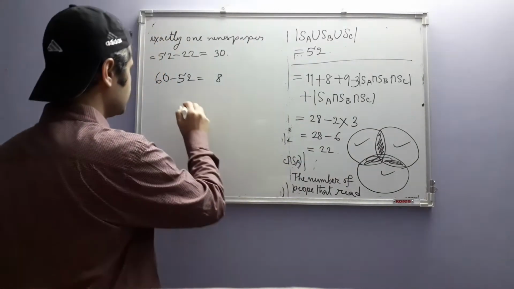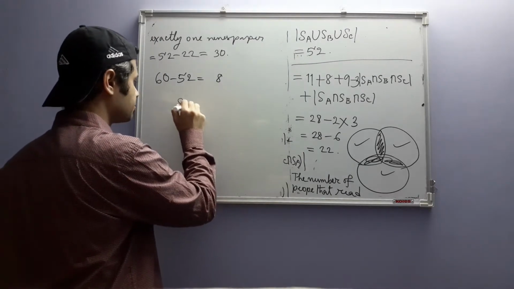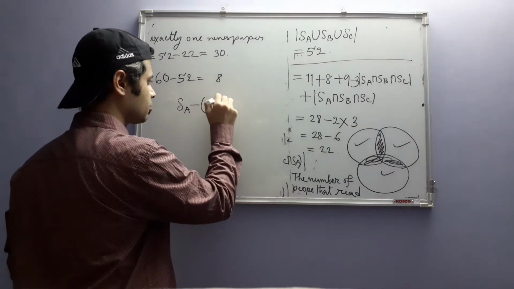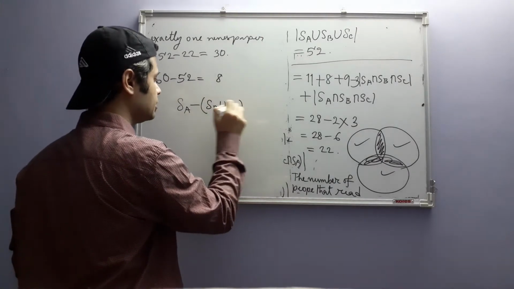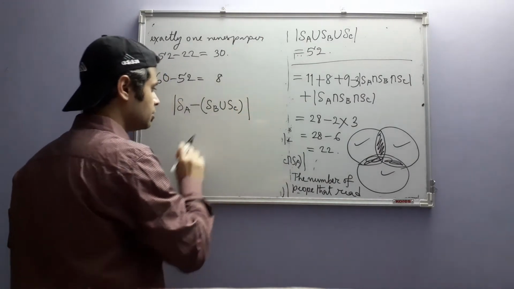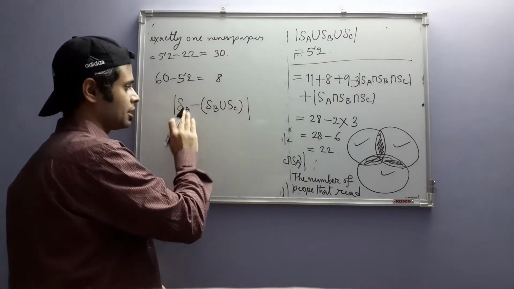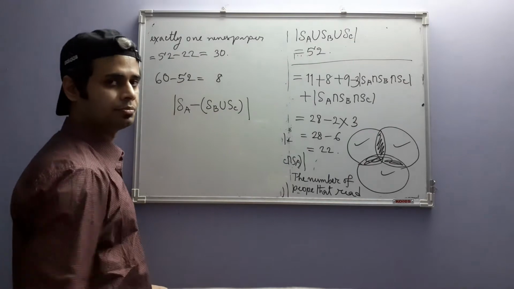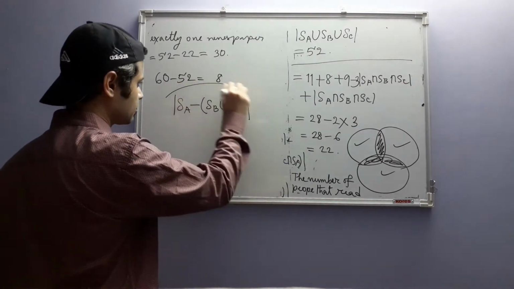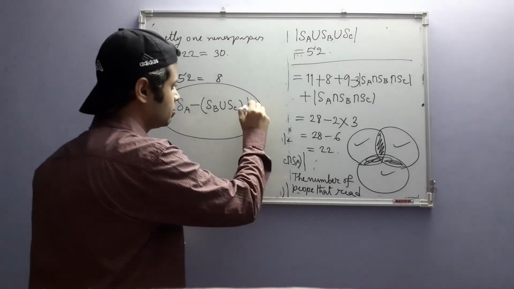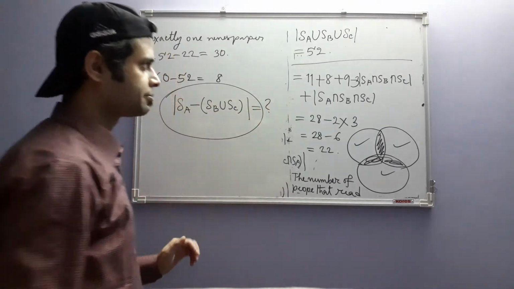You have to find this thing. Think about it. Number of people reading newspaper A but neither B nor C. The cardinality of this set. You try to think of this.